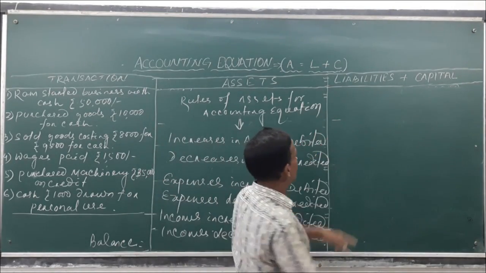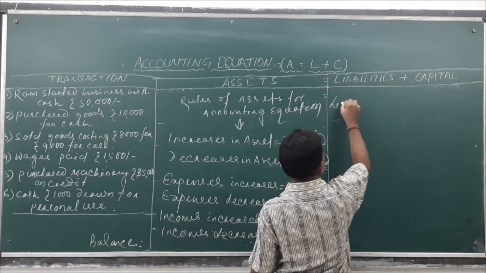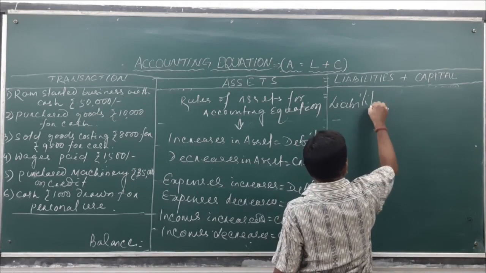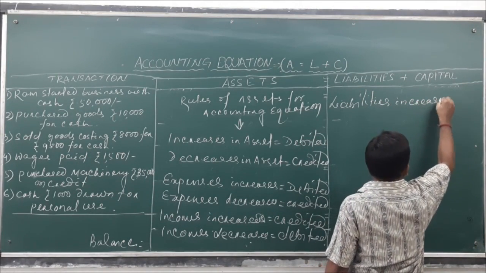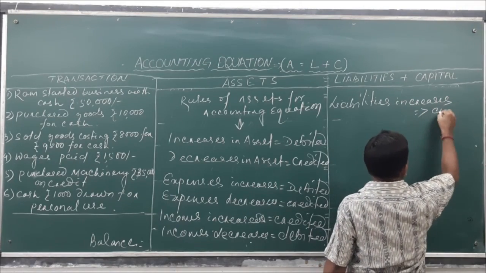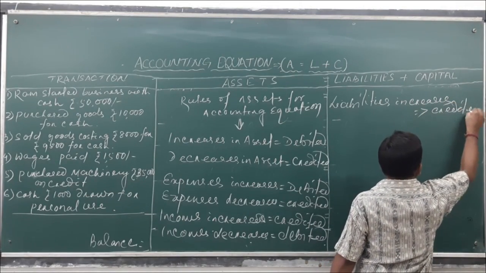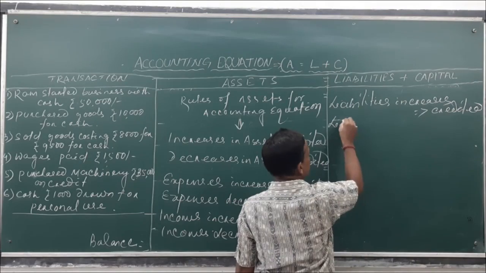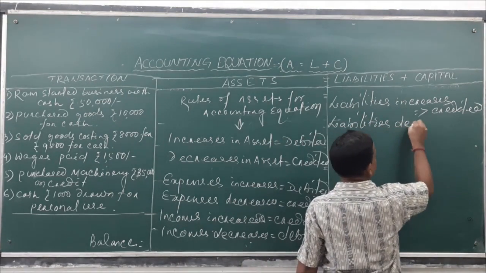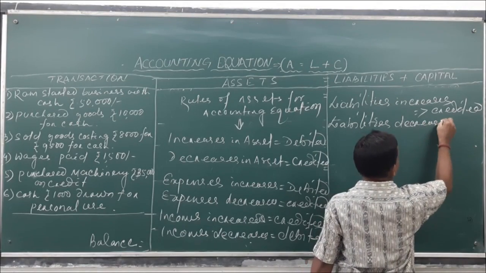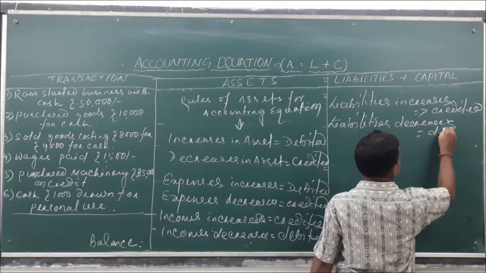So likewise for the liabilities, increases is credited. Liabilities decreases is debited.